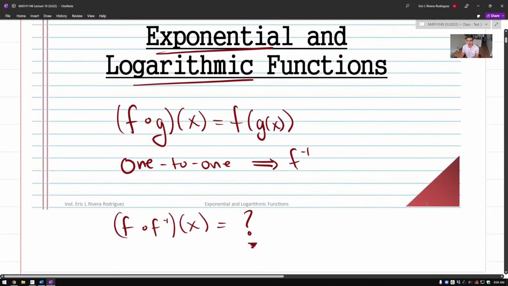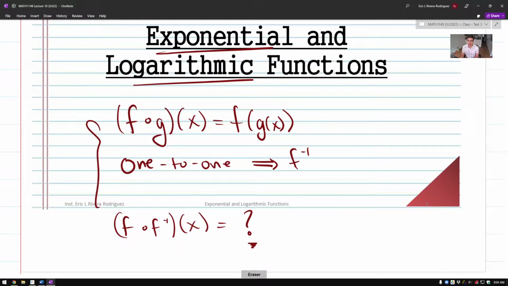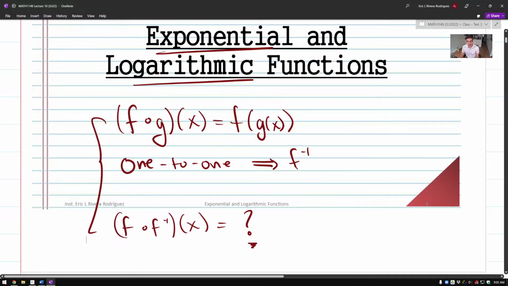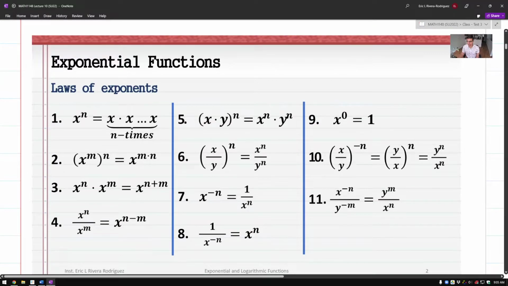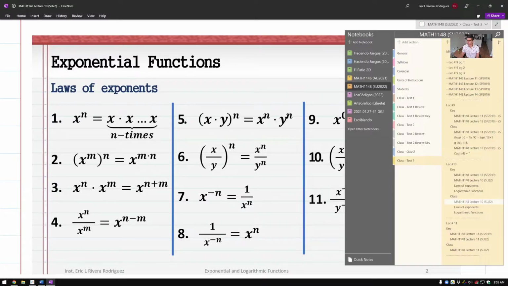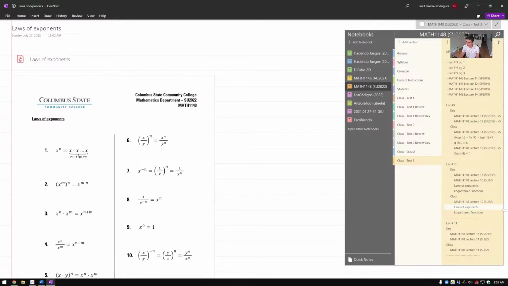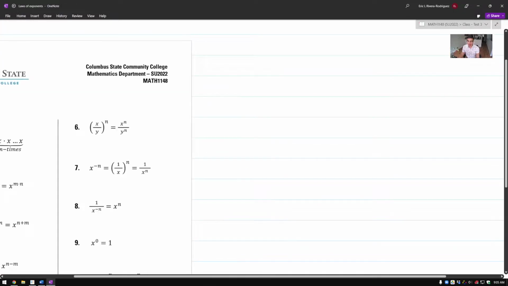These 3 concepts are going to be important to understand the relation between the exponential function and the logarithmic functions. But we are going to start with exponential functions, and the first thing that is important here is that you know well the laws of exponents. This is one of the documents that I posted on Blackboard.